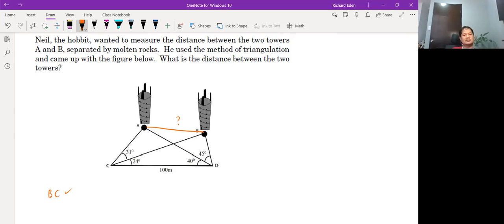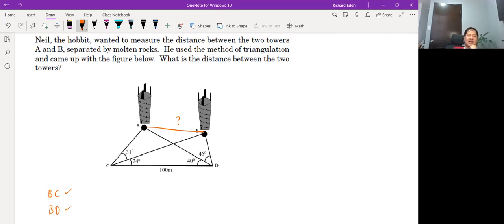This is like passing down. Okay, we can find BC. From BC, we are so close. We're already in one triangle. From there, we can find what BD is. BD. Yes.